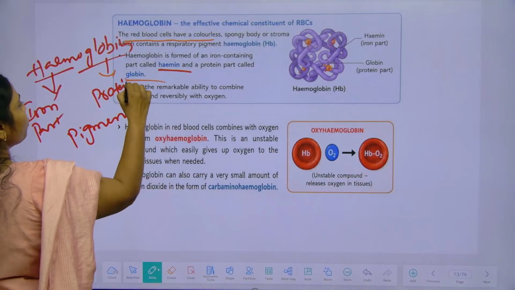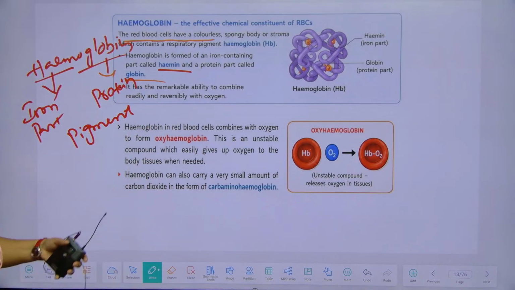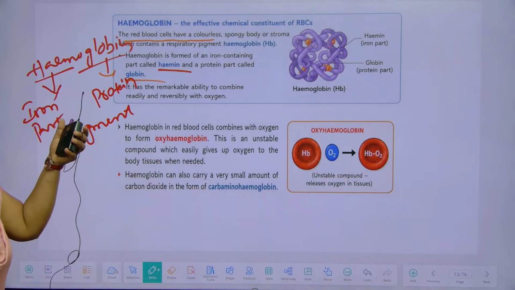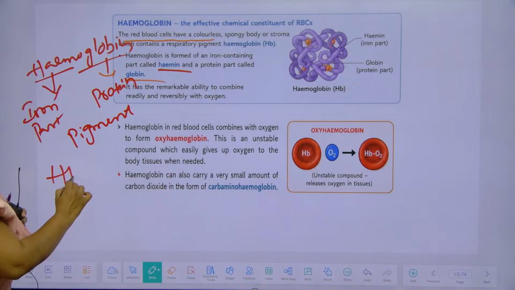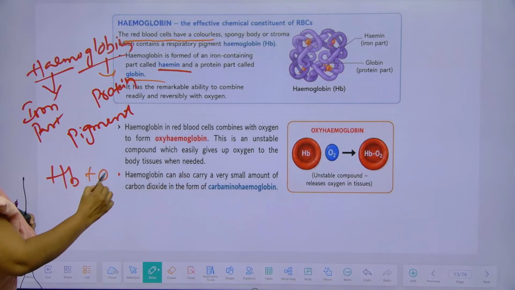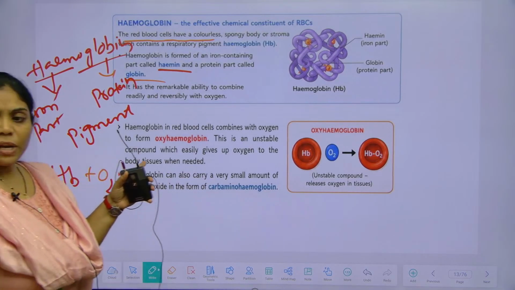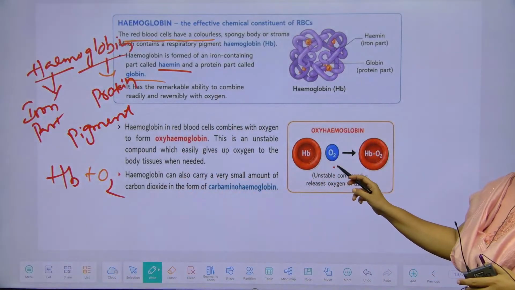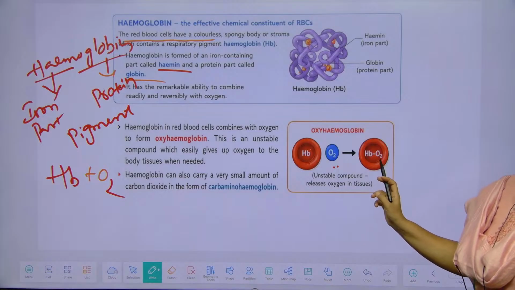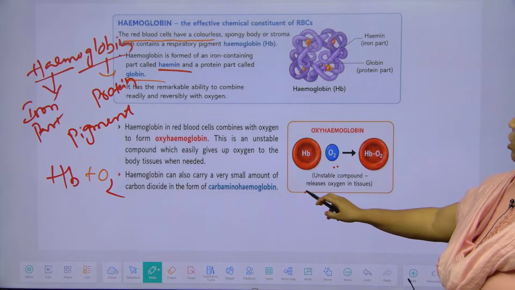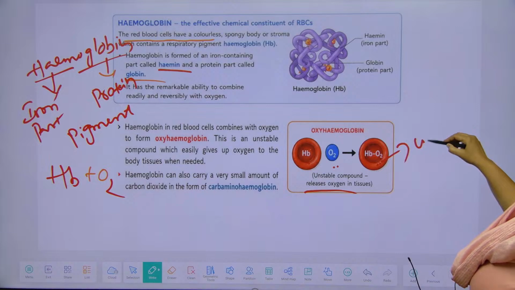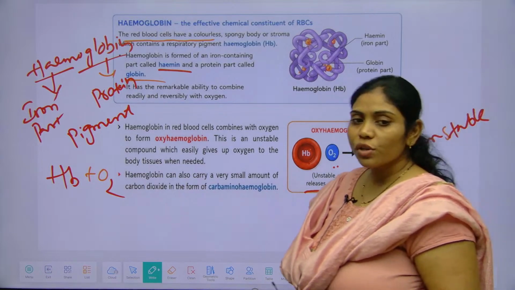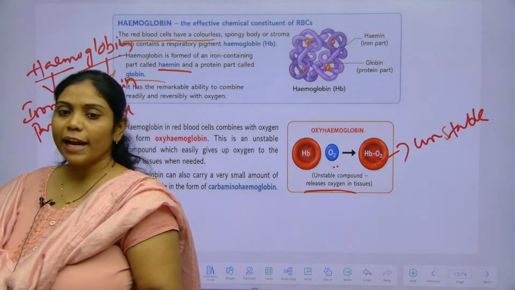Hemoglobin has more affinity to combine with what? Oxygen. So immediately it combines with oxygen and forms what? Oxyhemoglobin. But this oxyhemoglobin is an unstable form, so when it goes near the tissues, it dissociates.